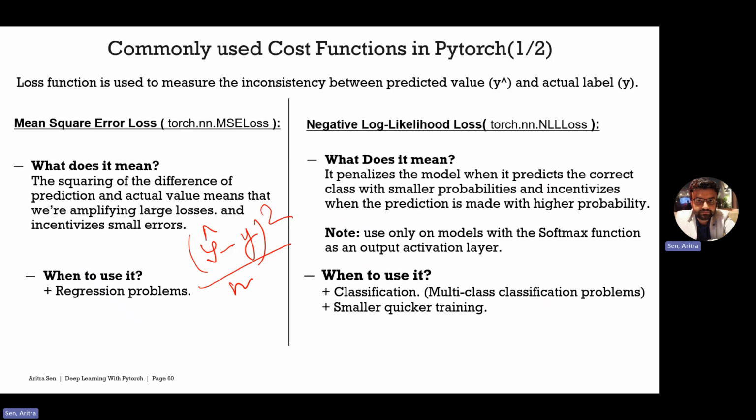So the model has to have softmax at the last output layer. Only then will we use this negative log likelihood loss. So this we generally use for classification tasks like multi-class classification problems. And as I mentioned, this is a very important point: use it only on models with the softmax function as an output activation layer.